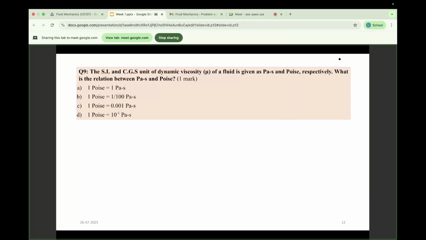This is another question. This is a basic question, and it will hardly take 30 seconds to answer. The SI and CGS unit of dynamic viscosity of a fluid is given as Pascal second and poise respectively, that means SI unit and CGS unit both are given.